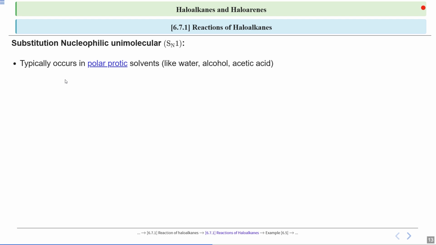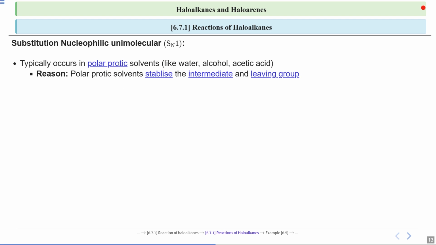Typically, this reaction occurs in polar protic solvents like water, alcohol, acetic acid. In this reaction, we use polar protic solvents like water and alcohol. Why? Because polar protic solvents stabilize the intermediate and the leaving group.